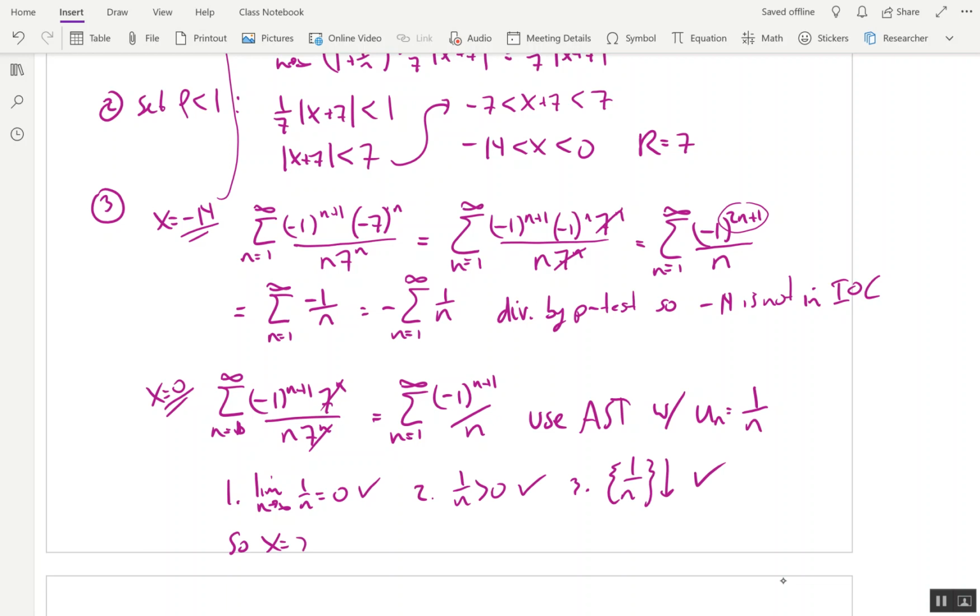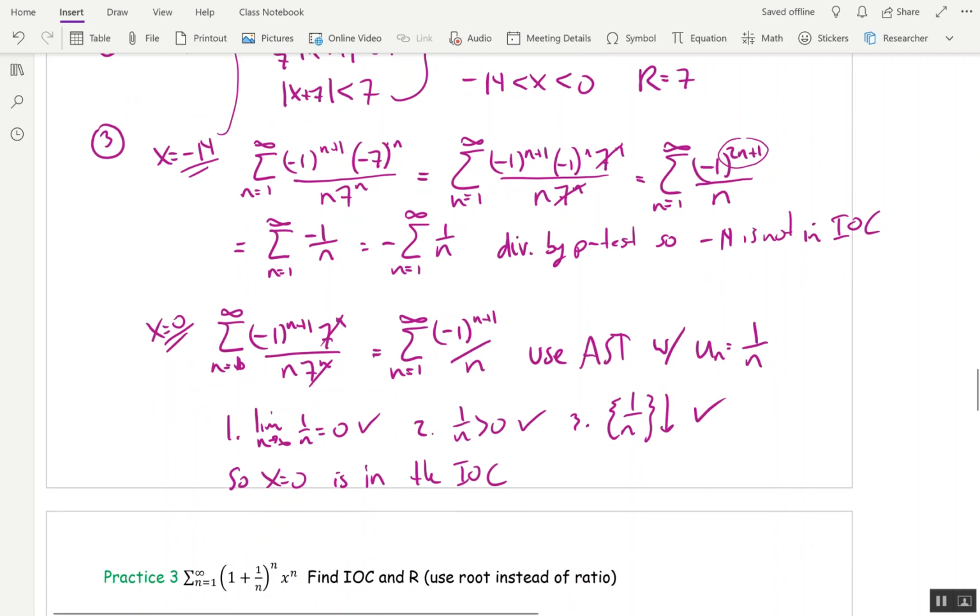So x equals 0 is in the IOC. So our IOC is negative 14 with a parenthesis because that's not in there, to 0, but we are including 0. And the radius is 7.